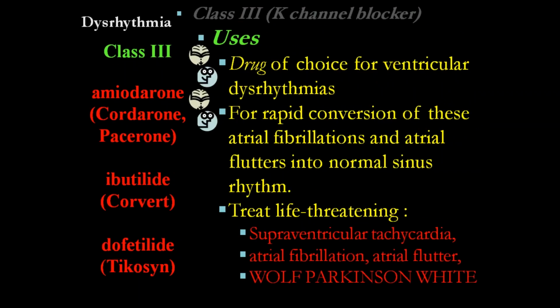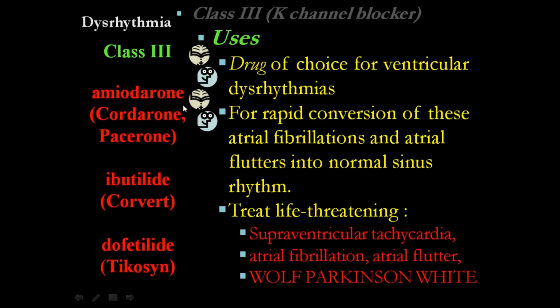So we have potassium channel blockers here, class 3. We use them especially for ventricular arrhythmias. They are also used for rapid conversion of atrial fibrillation and atrial flutter into normal sinus rhythm, so they are used for both.